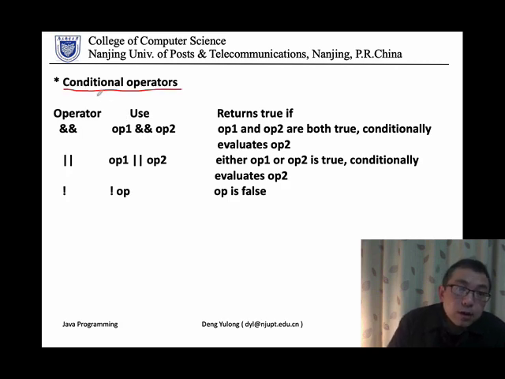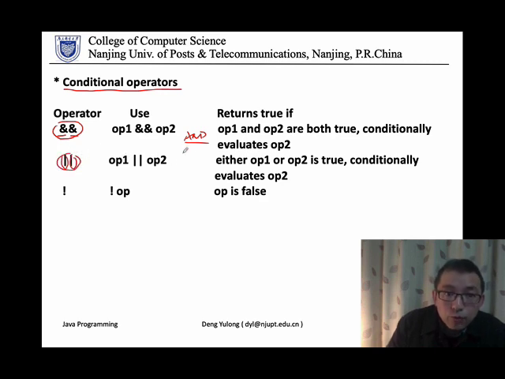Look at these conditional operators. We have different symbols. Now we have one ampersand, two ampersands. Put them together, we have a double ampersand. Double ampersand means we make the AND operation. And we have one bar and two bars; put them together, we have a double bar.